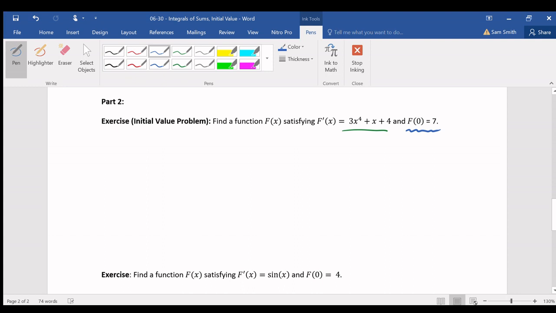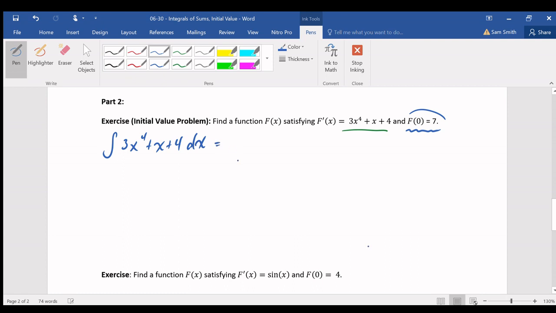So we begin by finding the indefinite integral of 3x to the 4th plus x plus 4. We find the general form that describes all antiderivatives of this function, and then we're going to take that general antiderivative and find the specific one that meets this second condition here.